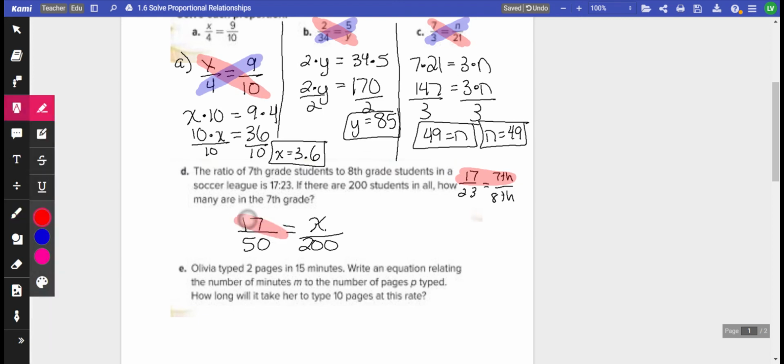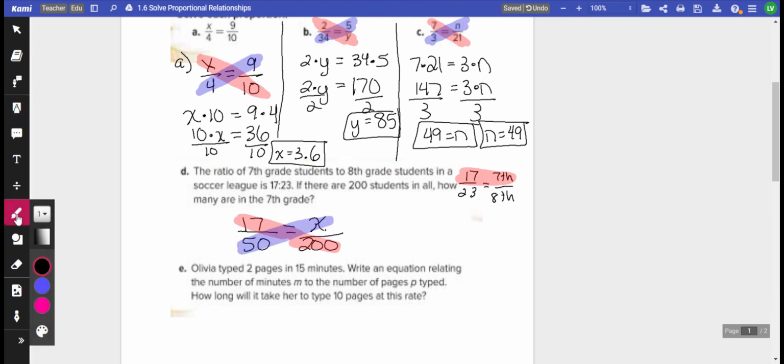So I'm going to cross multiply. I'm going to do 17 times 200 equals 40 times x. 17 times 200 equals 3,400, which equals 40 times x.